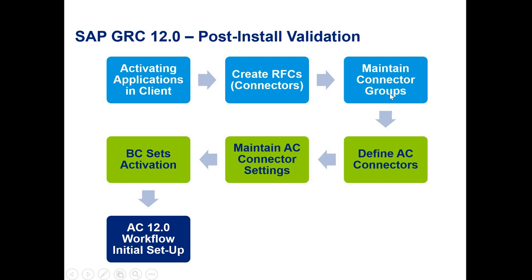Then we have something called a connector group. The purpose of the connector group is this: if you have more than one ECC system, assume two ECC systems, ECC1 and ECC2, in your landscape, and you want the same naming convention to be followed for both systems. If you put them in a group, then it is easy to define one naming convention for one group.